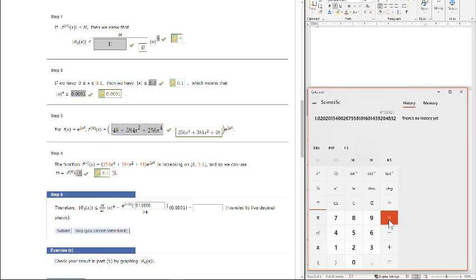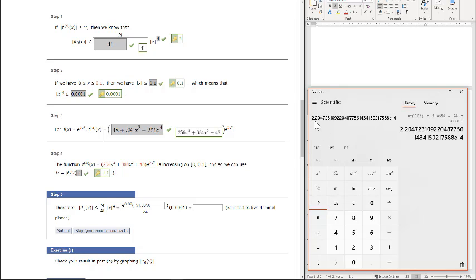So e to the 0.02 times the number that we got, 51.8656, and then we'll divide by 24 now, and then we'll multiply by 0.0001. So we have this number.